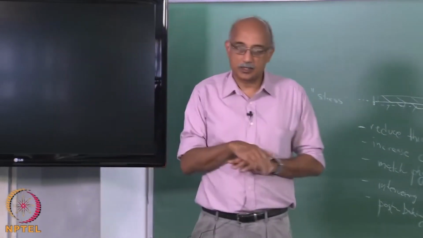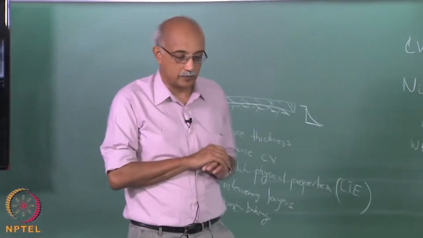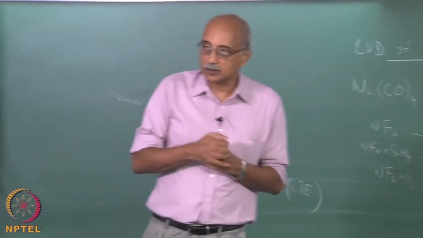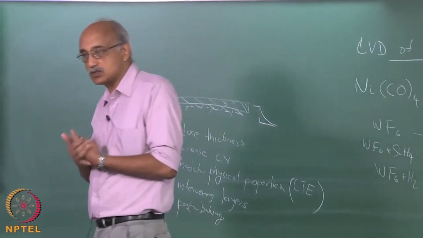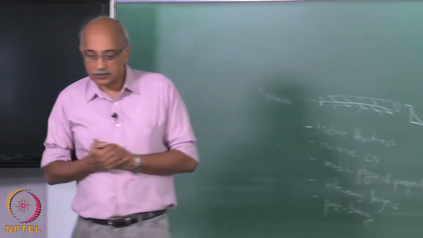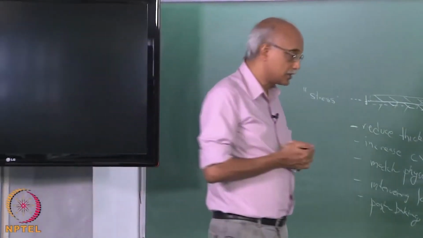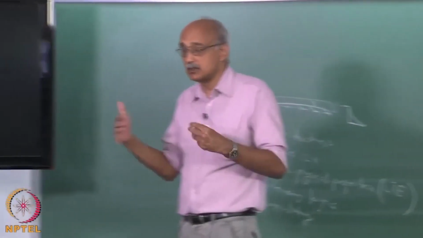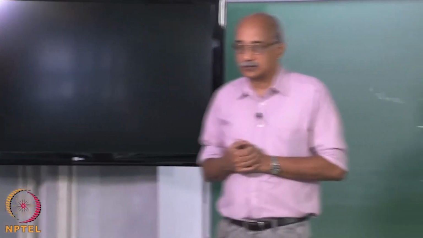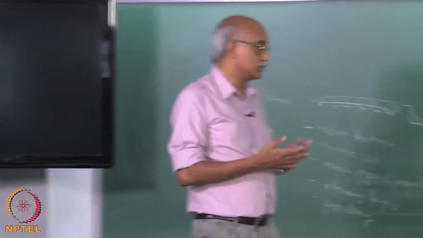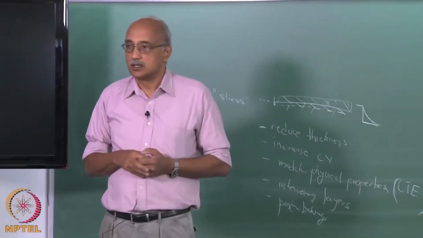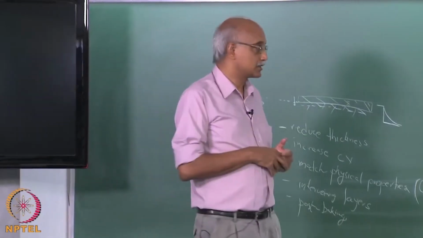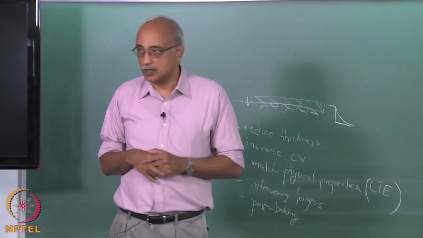As I was mentioning earlier, as two contacting surfaces deform, their contact area increases and therefore, they have a tendency to stick together. So, galling is a phenomenon that happens because of this wear of a surface, which then promotes sticking of two sliding components. So, all of these issues can be addressed by doing a CVD coating on top of the substrate.